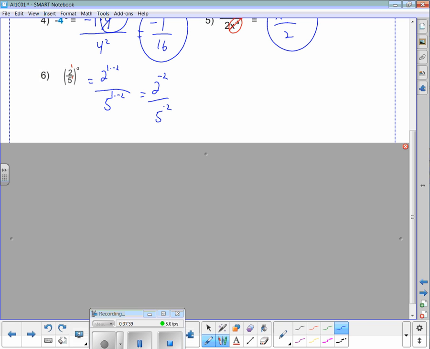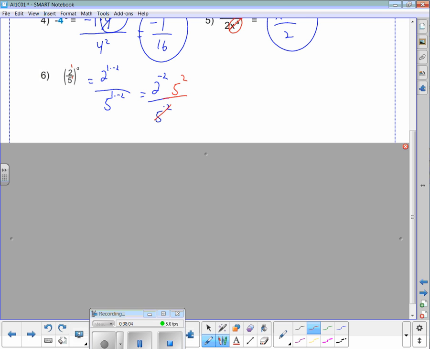Do we want negative exponents? No. How do you get rid of the negative exponent? Not cross multiply. How do you get rid of a negative exponent? Say it. Take it across the fraction bar. Would you agree that becomes a 5 squared across the fraction bar?